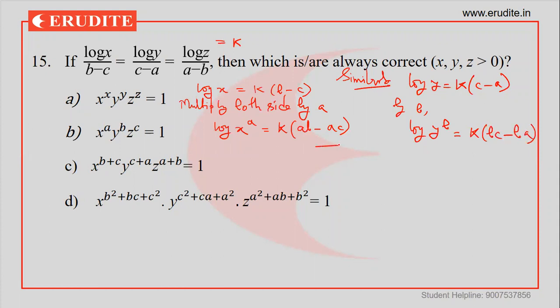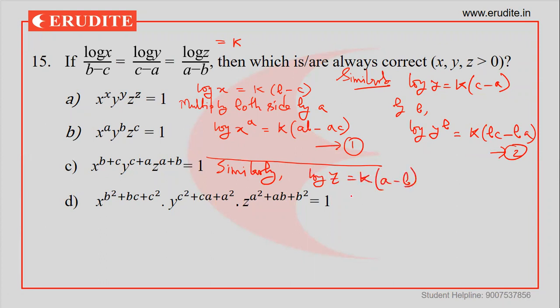This is our first relation, this is our second relation, and similarly we can write log of z equal to k times of a minus b, and again multiplying by c, log of z to the power c equal to k times ac minus bc. Now this is the third.